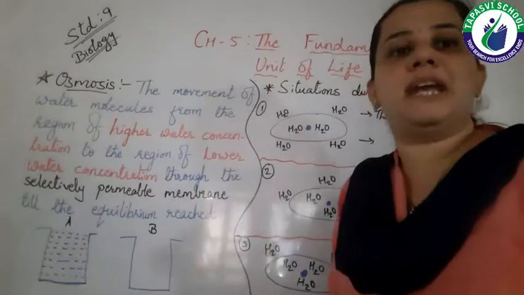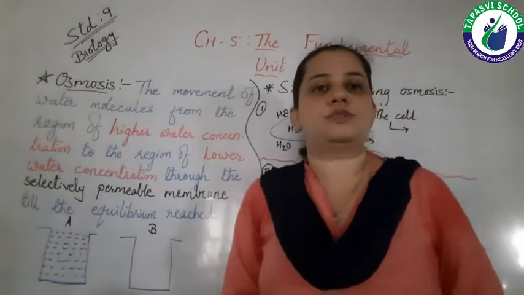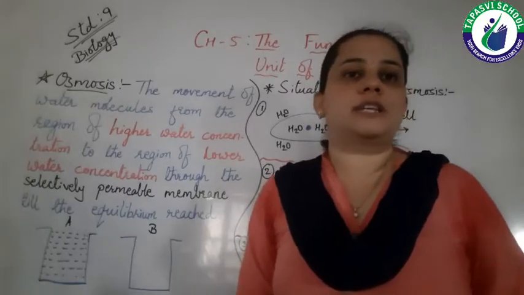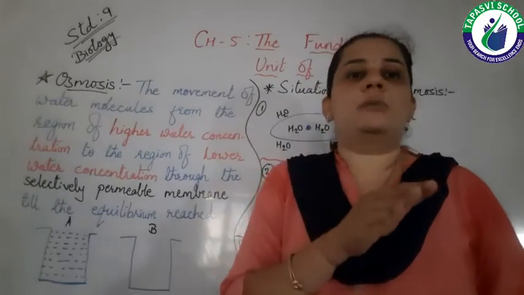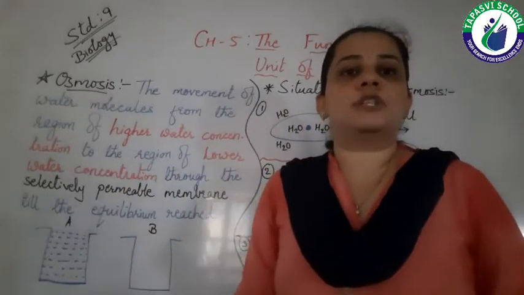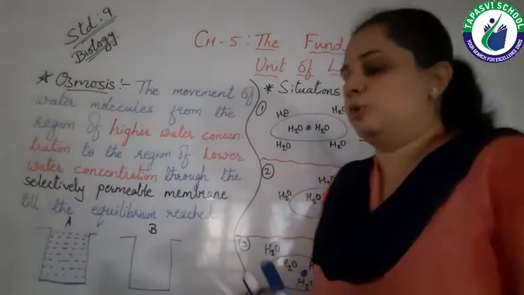So what is the main difference between diffusion and osmosis? In diffusion the gas molecules or the substance will move from higher concentration to lower concentration. In osmosis water molecules will move.